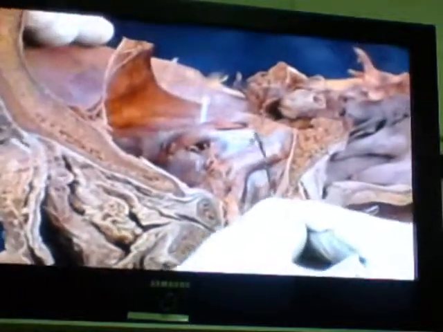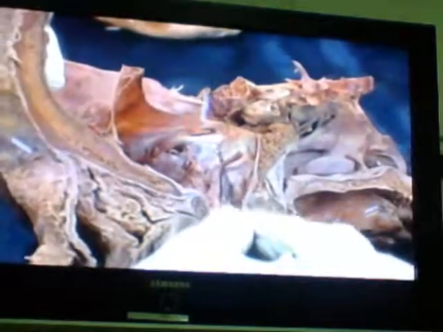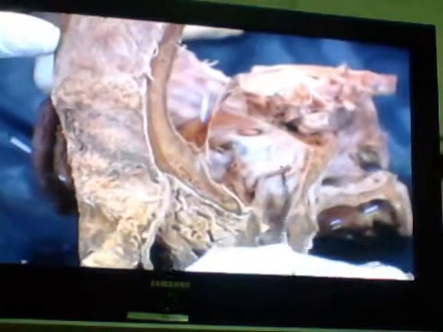What do you call this place here? What is this thing here?